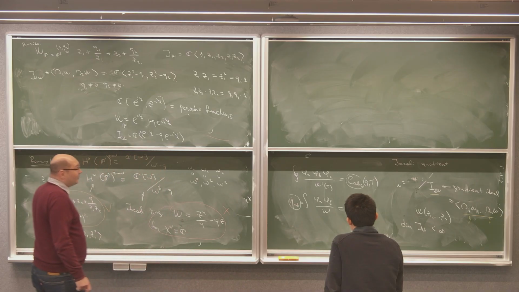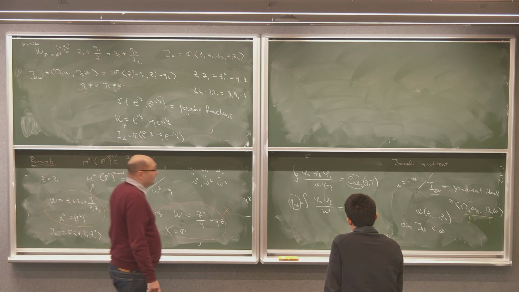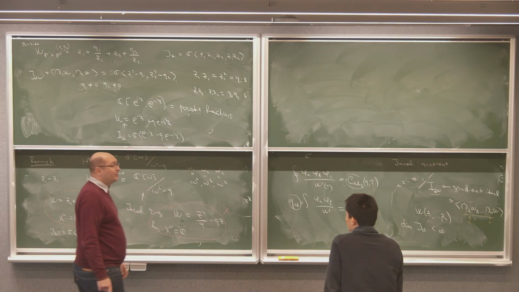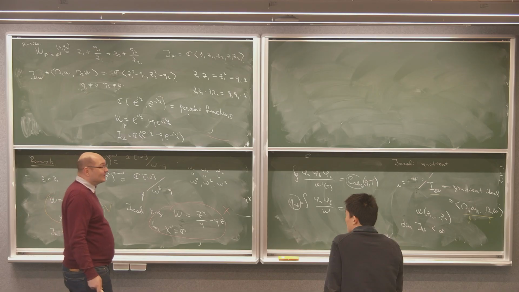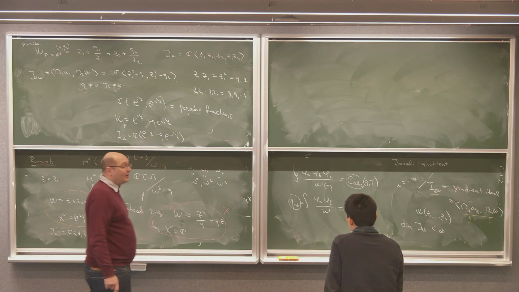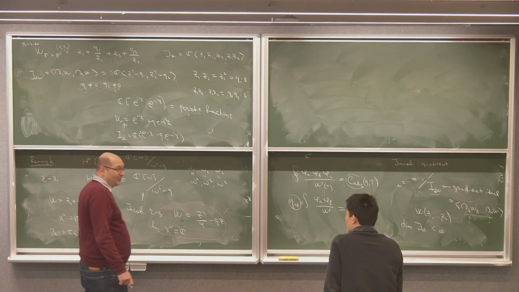And for some reason, when Michael Gross and collaborators studied a tropical version of this mirror, they missed this point. So they formally constructed some kind of integral presentation for tropical Gromov-Witten invariants, but it was way more complicated than the original tropical Gromov-Witten invariants.